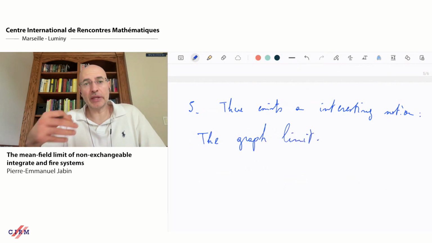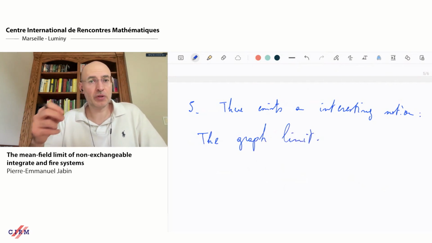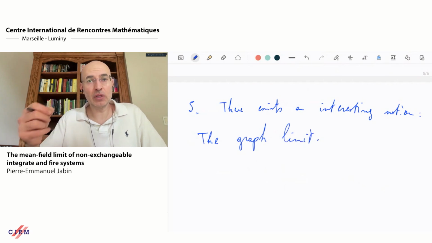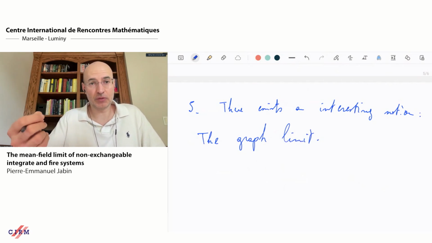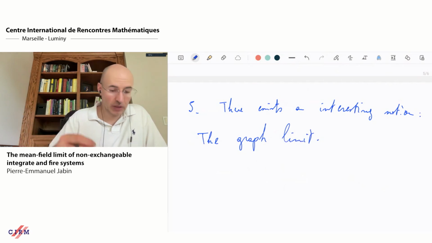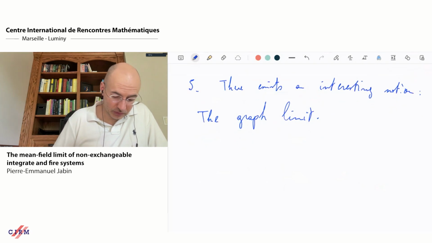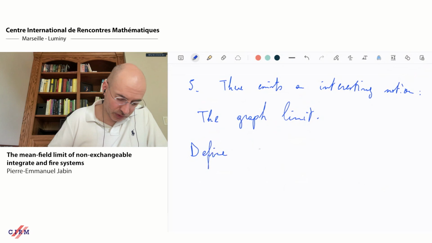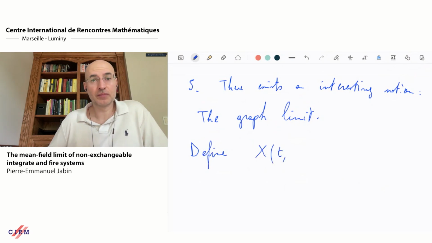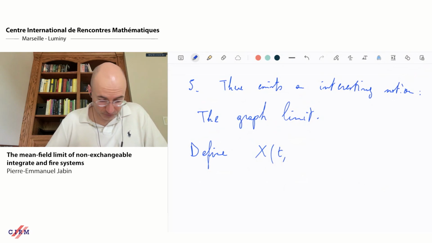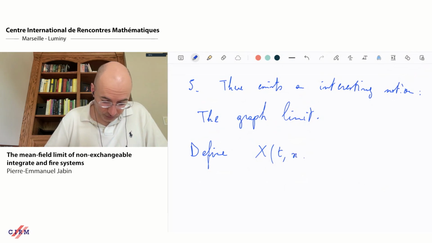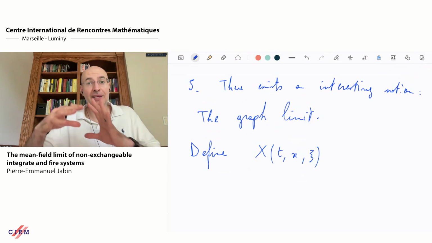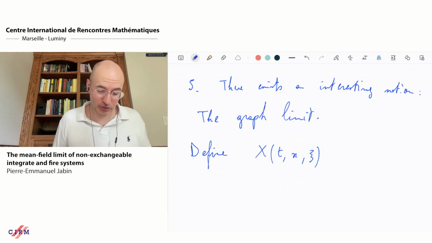Now, the graph limit is an attempt to use the extra parameter to actually get the limit on the trajectories themselves. And so one way to do it here is to define something like that: a capital X of t, small x and psi, by gluing together the various trajectories.